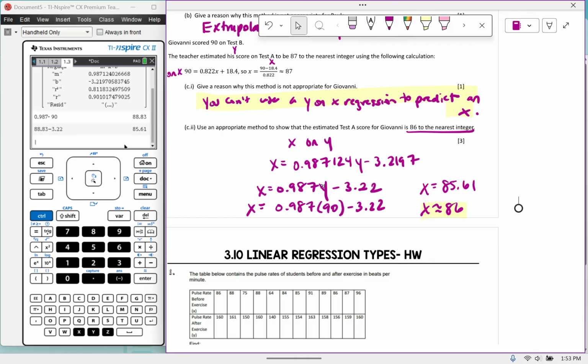I'm trying to see if there's anything that might trip you up. We could do 6 together if you want. 6 is hard.